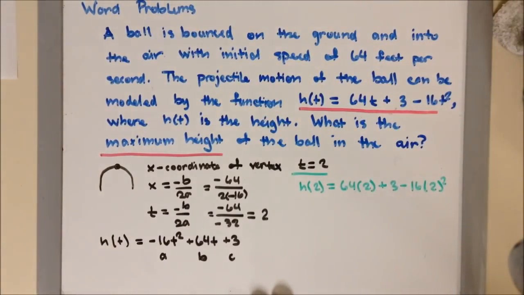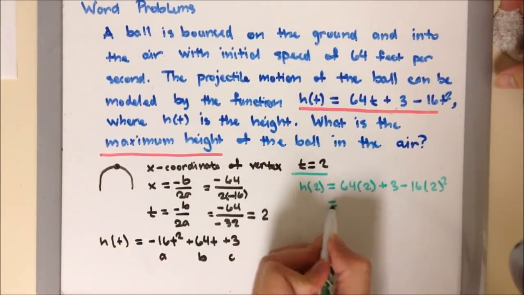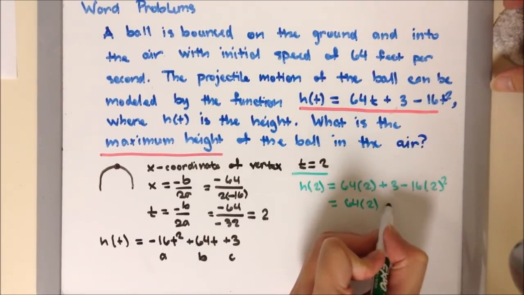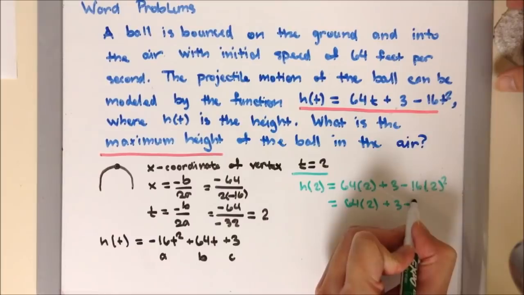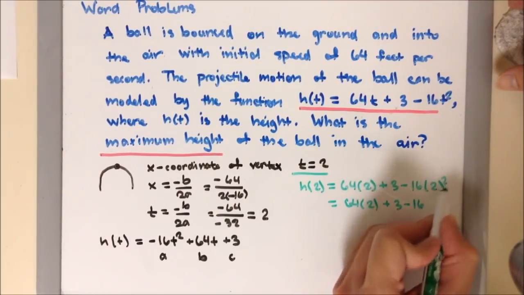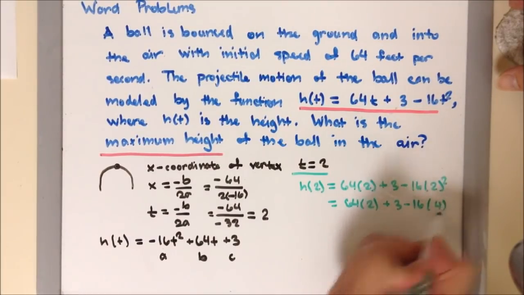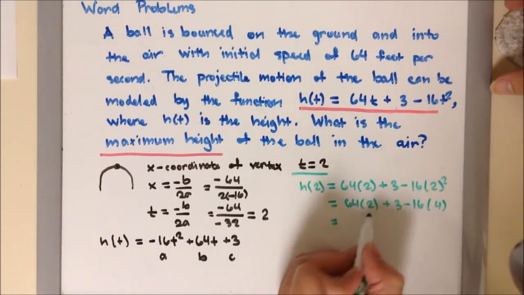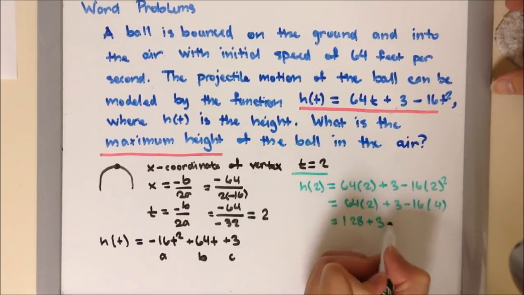Once that is in, you're just going to simplify using PEMDAS. I'm going to do the exponent first, so 2 squared will be 4. Then I'm going to multiply. So this will be 64 times 2, 128, plus 3.